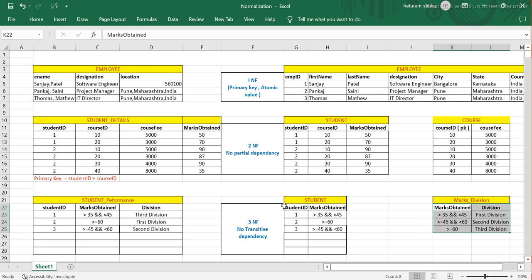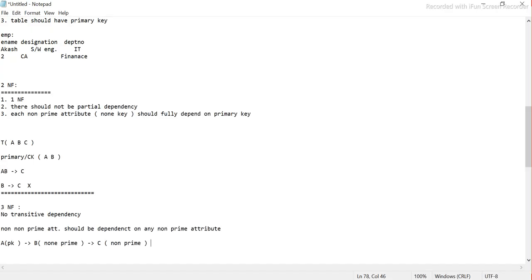I hope you are able to understand this, and let me write it. I have already written it, right? It should not be dependent on this. Every non-key attribute should be fully dependent on the primary key.